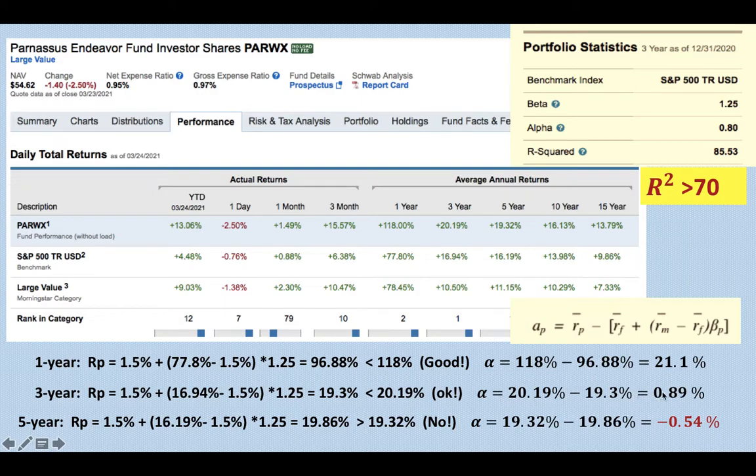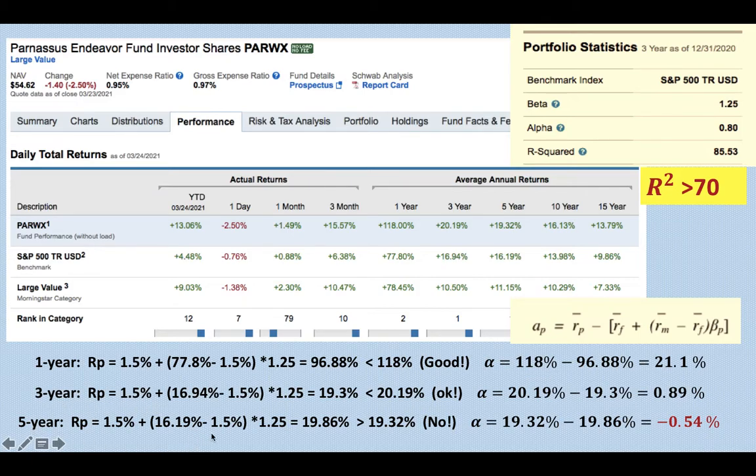So alpha is equal to 0.89. You can see here the 3-year alpha is 0.8. So yeah, this calculation is actually pretty accurate. So the 3-year return is okay. It's about the same as the benchmark S&P 500.